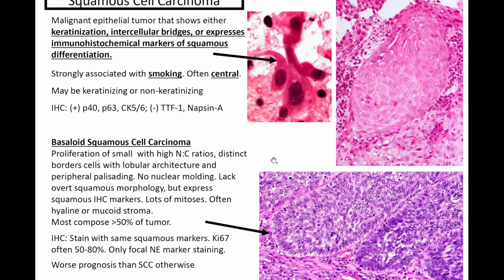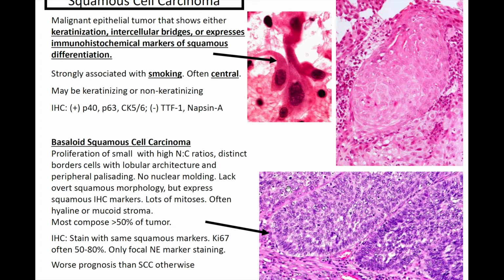And you can also have a basaloid squamous cell carcinoma, which is a proliferation of small cells with high N-to-C ratios, distinct borders, lobular architecture and peripheral palisading. There's no nuclear molding, and there's a lack of overt squamous morphology, but express squamous IHC markers.